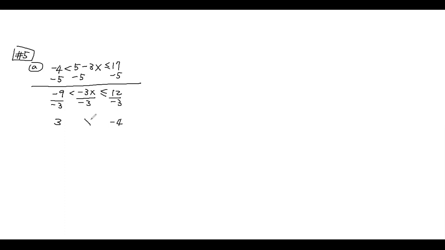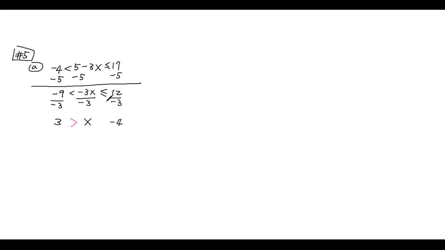And here is the x. The main thing to refresh your memory on is, when you divide or multiply by a negative number, what happens to your inequality sign? You switch it. So it used to be less than, and now it's 3 is greater than x.